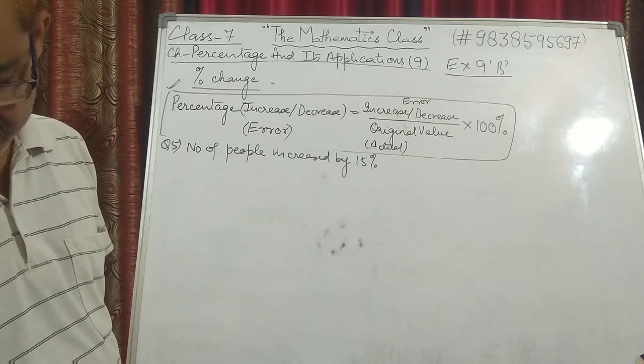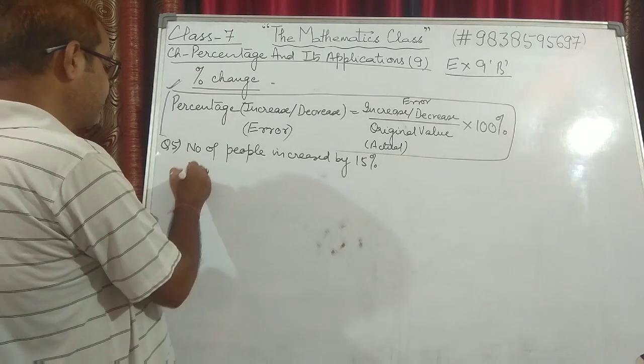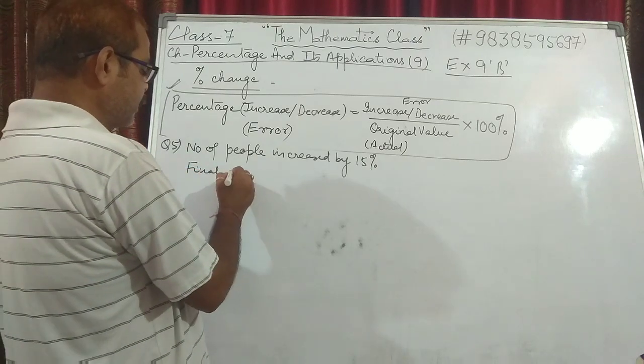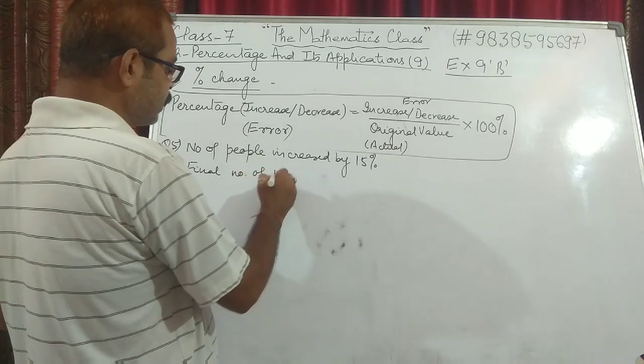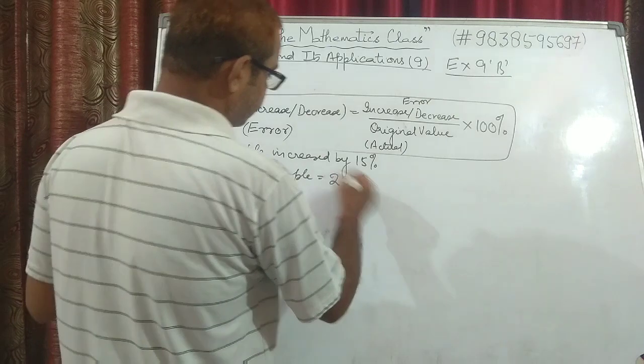Find the number at the beginning of the year if there were 230 at the end of the year. So the final number of people is 230.